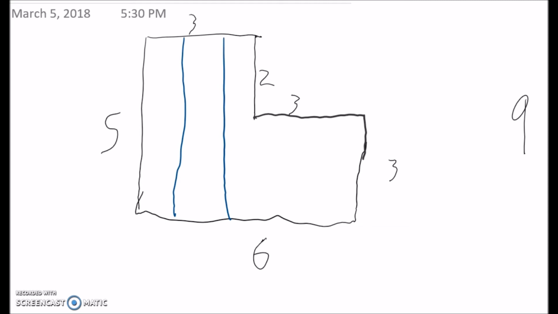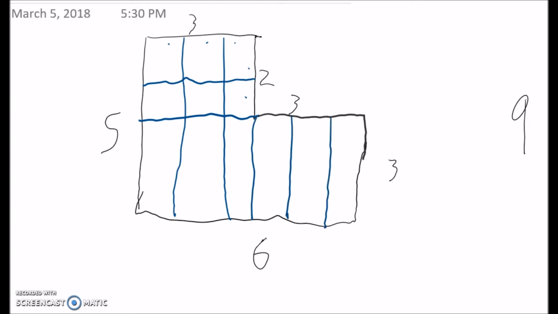So if we look on the top here, it's 1, 2, 3, and on the left, at this 2 here, we can go 1, 2, and we want to have 3 down here, so I'm just going to continue this down. 1, 2, 3, and same thing across this side.